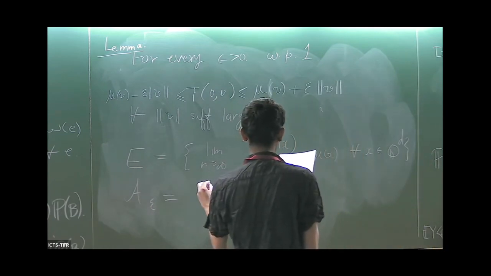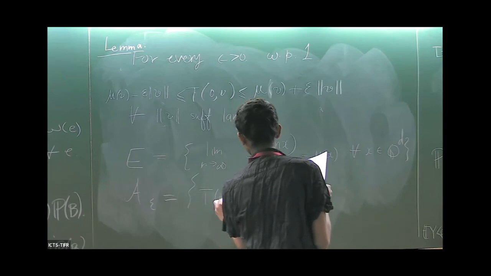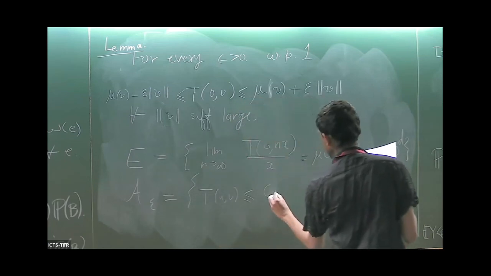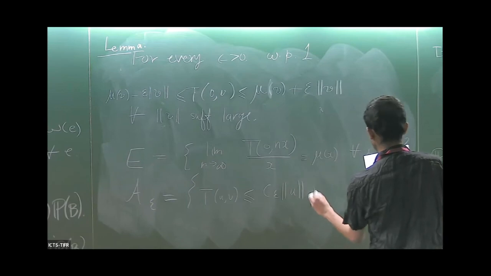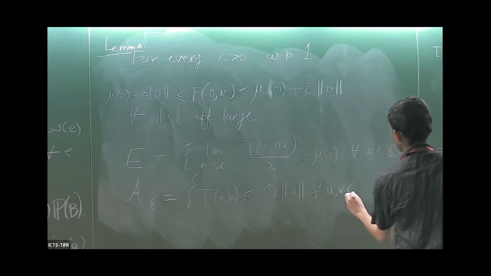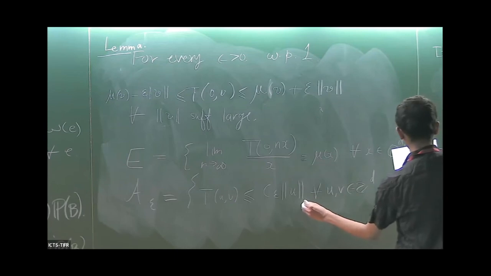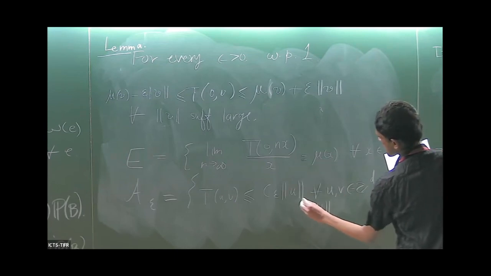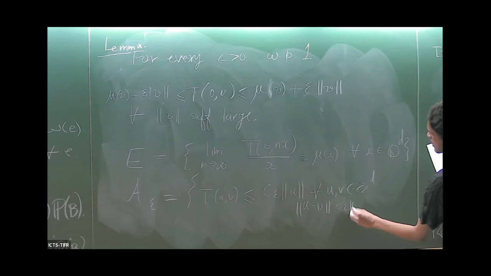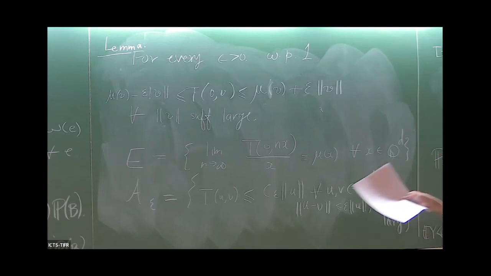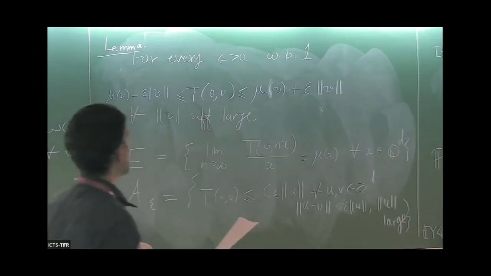So let me write it again. T of u, v is less than C epsilon times norm of u, for all u, v with norm of u minus v at most epsilon times norm of u, and norm of u large. So A epsilon is again probability 1. So the difference estimate tells you that A epsilon is a probability 1 event.